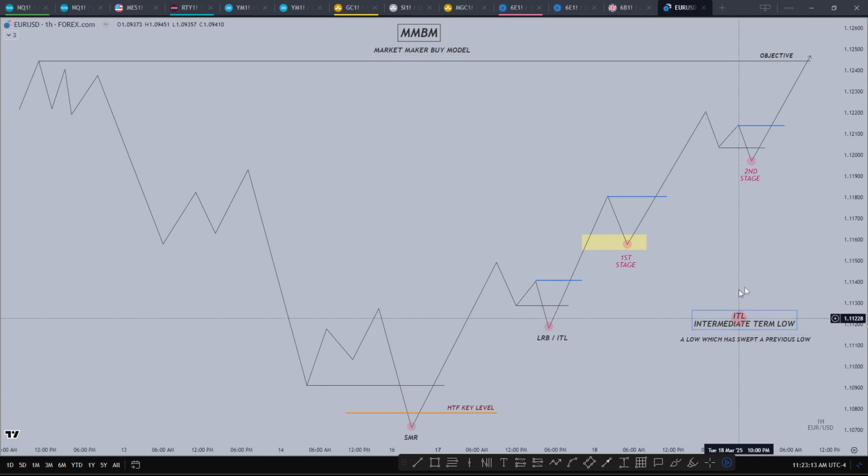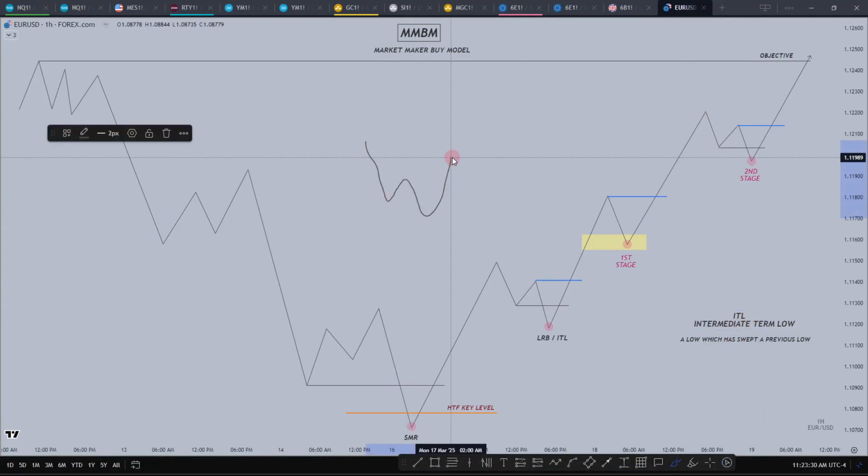Then this concept is used the most, but I use it in the low risk buy stage as well. You don't need to know how I use it. I will tell you the exact framework, but just know the definition and what an intermediate term low is. This is it, a low which has swept a previous low.